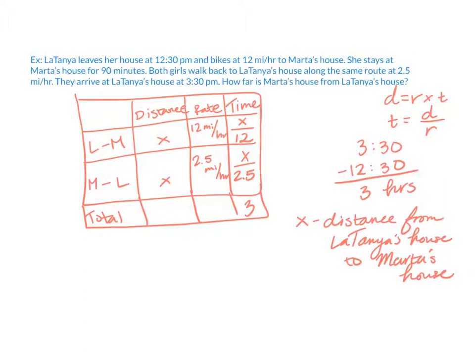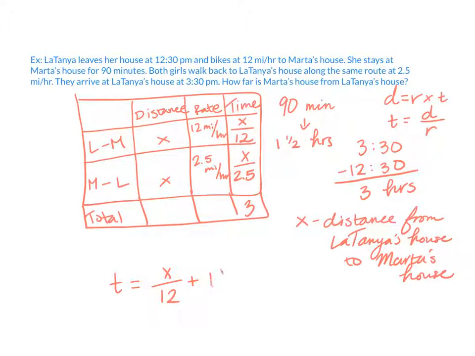So when I write my total time equation that we used last time, first we're going to look at when she's going from her house to Marta's house, so that's x over 12. We're going to add in 90 minutes because that's how long she waited. But everything's in hours, so I'm going to convert 90 minutes to hours, and that's going to be 1.5 hours.